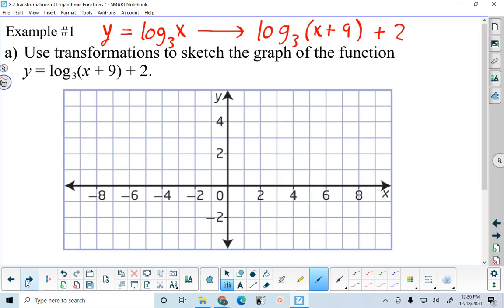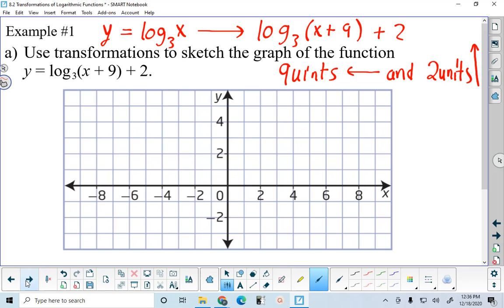And you know, even before we start to talk about what y equals log base 3 of x looks like, which we learned yesterday, but we'll review it, you should understand that the changes happening here are that we are going to be shifting log base 3 of x 9 units left and 2 units up.